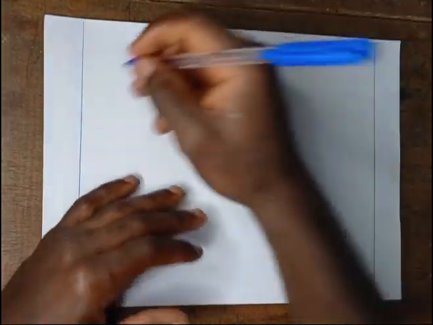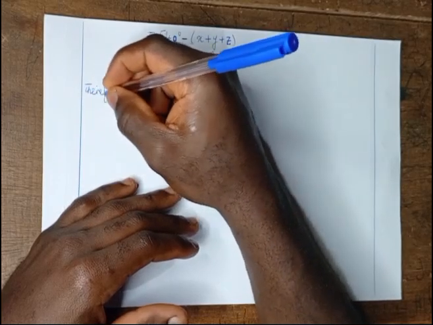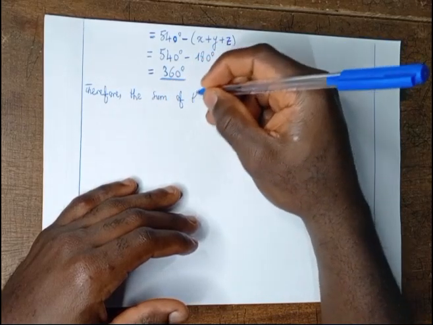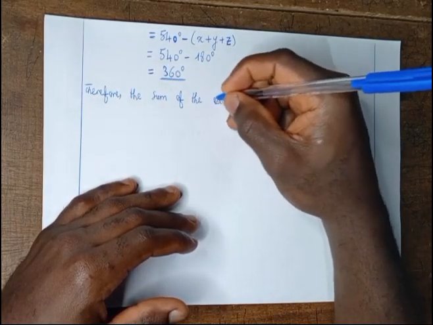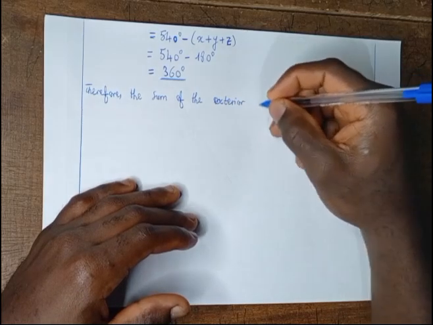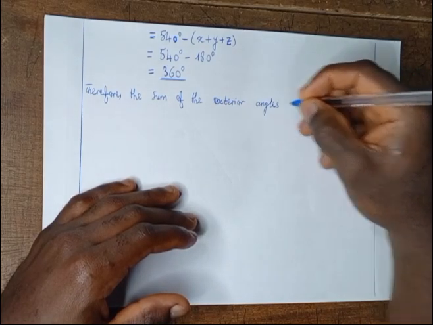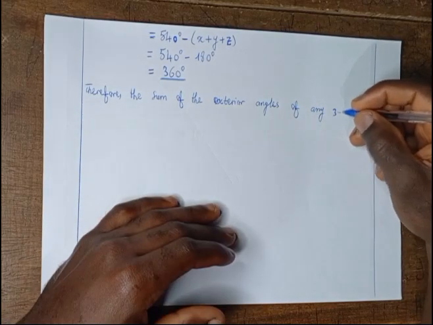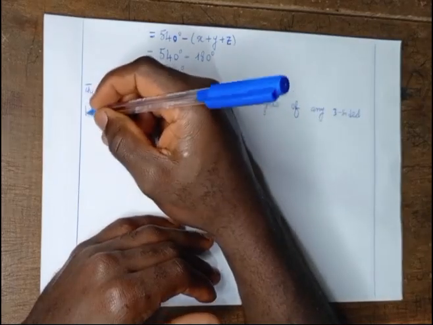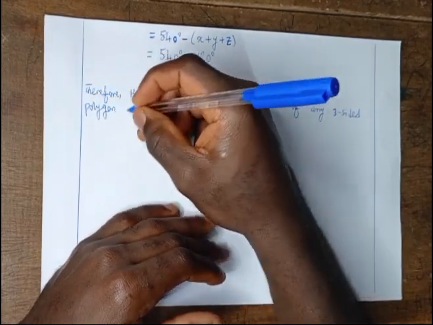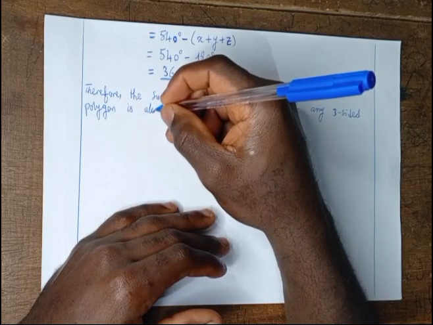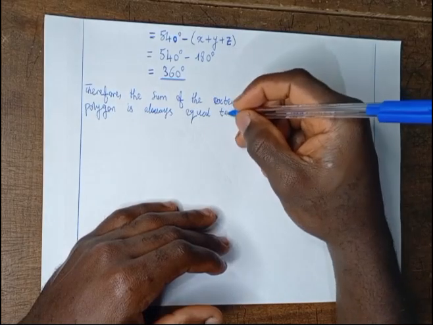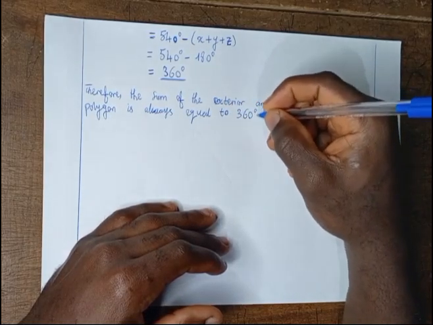We conclude, therefore, let's write the conclusion. Therefore, the sum of the exterior angles of any three-sided polygon is always equal to 360 degrees.